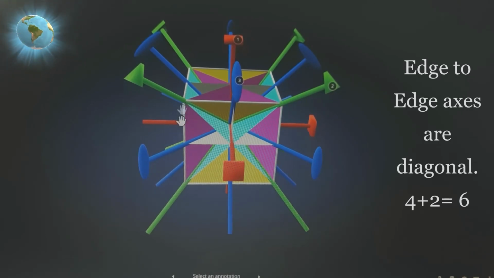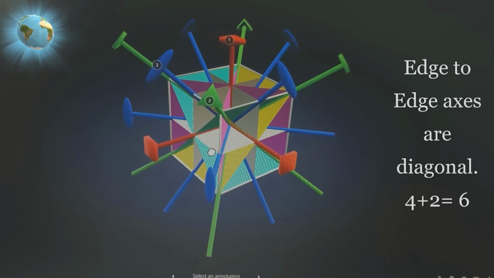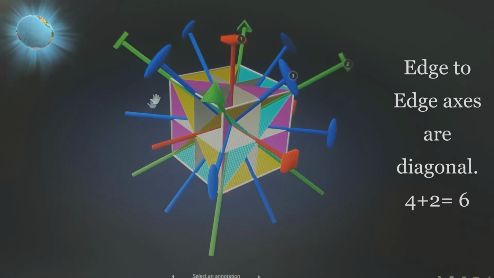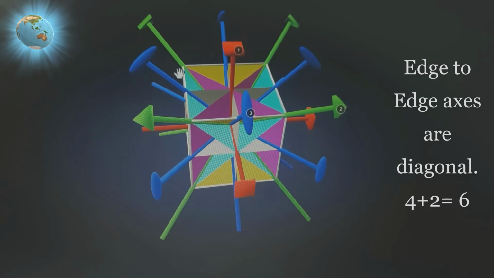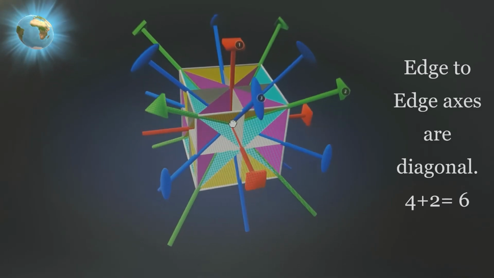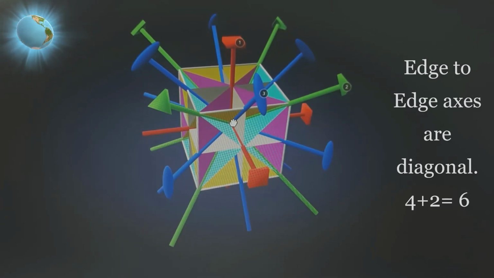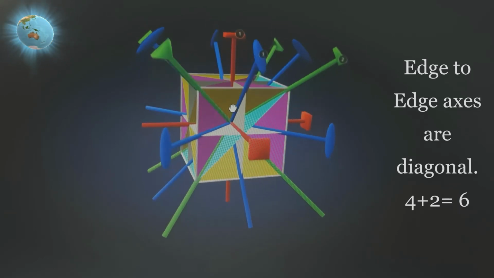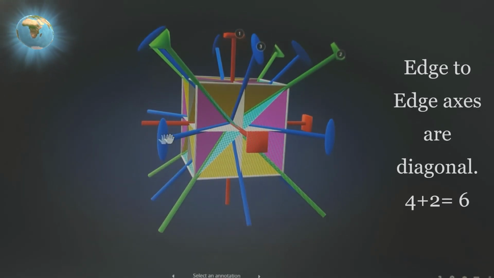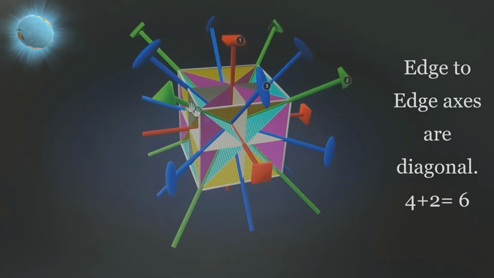One going from left edge center, another going from right edge center to its opposite edges. So we have top 4 diagonal axes going from center of edge to center of edge, and 2 more here at the middle position. So 4 top and these 2, 6. So 6 diagonal axes which go from center of edge to center of edge.